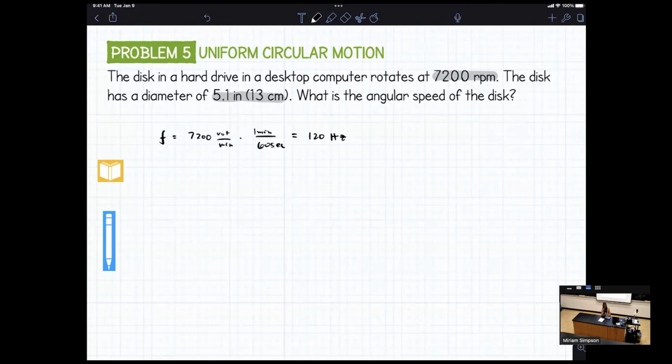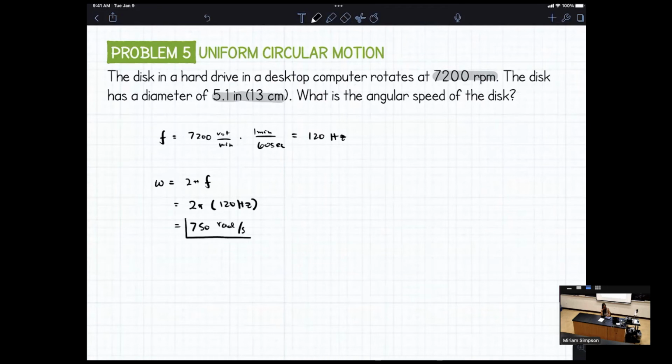And then if we want the angular speed, which is also sometimes called the angular frequency, all we do is multiply that by 2 pi. So that's going to be 2 pi times 120 hertz, which is going to give us 750 radians per second. So that's our answer. Yeah, radians per second. Any questions about that?